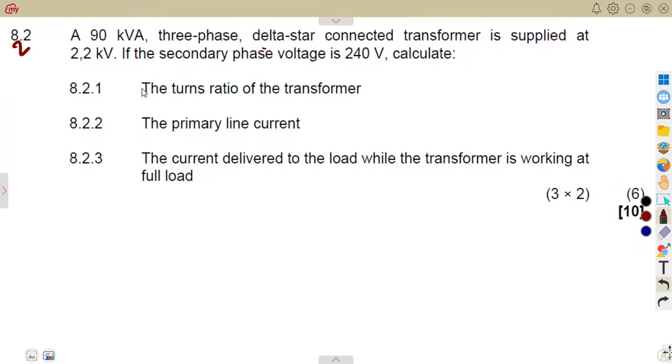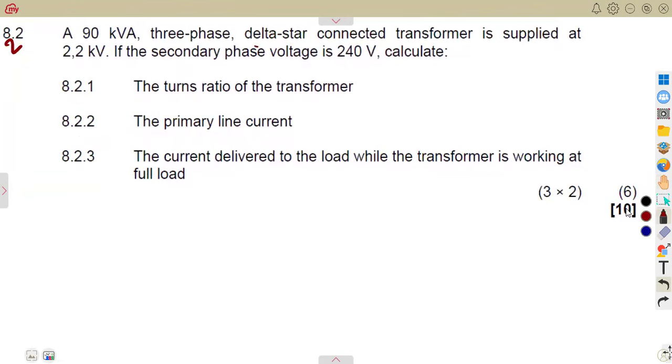All right, on 8.2, that is the major important part now on our calculations, because there we are given a 90 kVA three-phase delta star connected transformer supplied at 2.2 kilovolts, if the secondary phase voltage is... okay, so there it is a three-phase.